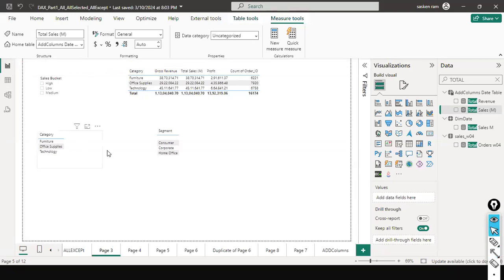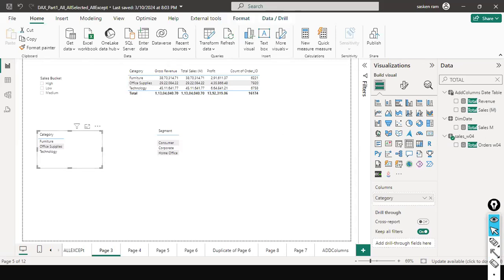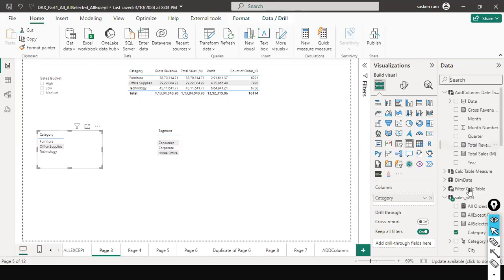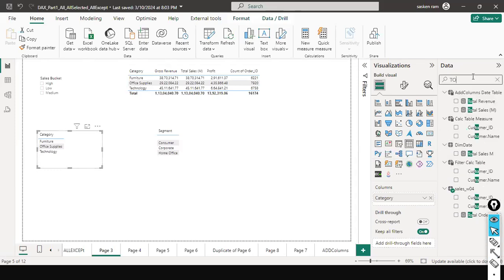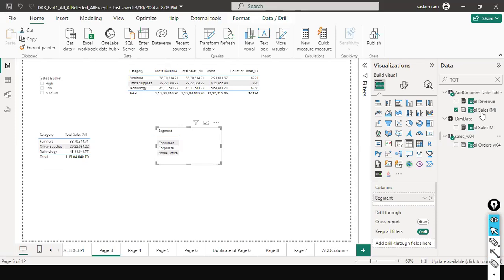For that, I select this visual first, click on the cross here, and then drop the total sales measure, the explicit measure. Here also I drop the total sales.